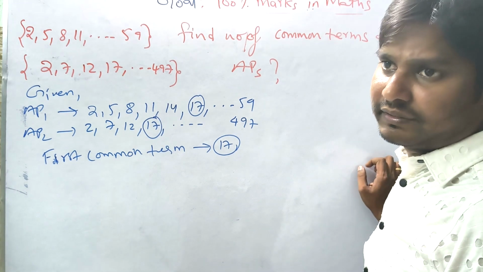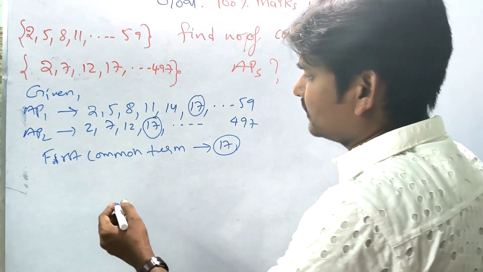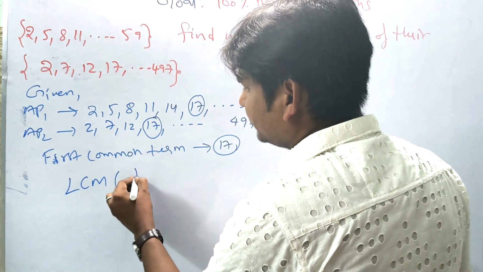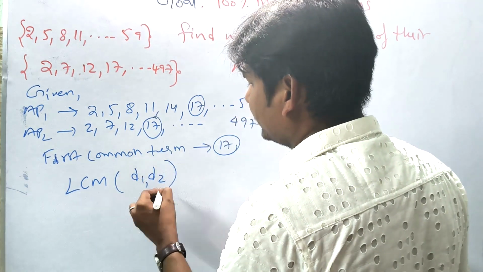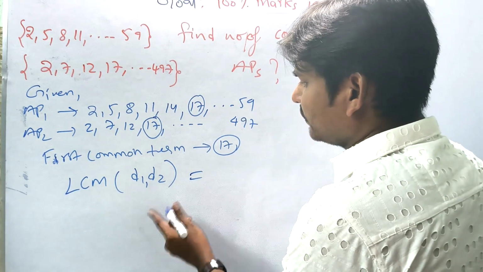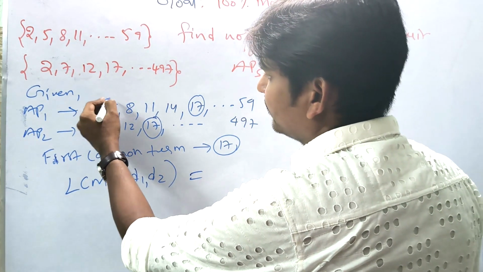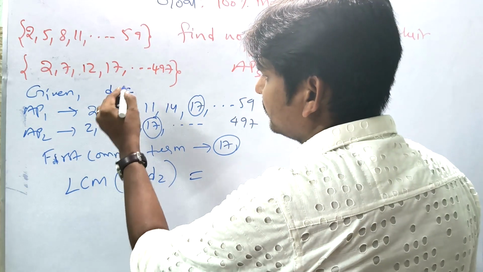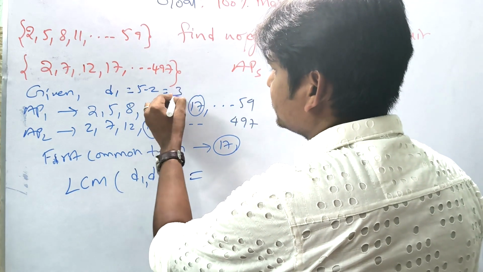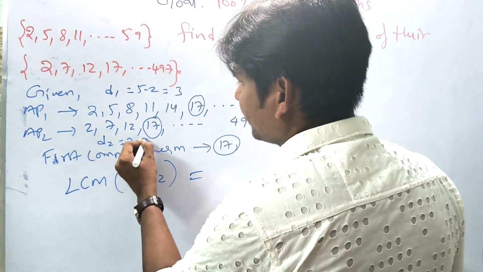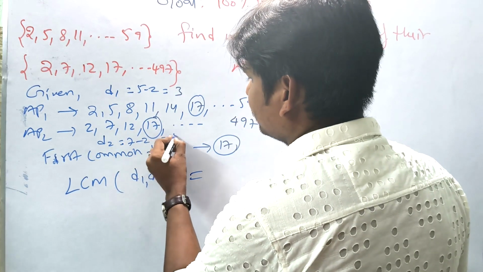Now for the remaining common terms, how will you get them? Take the LCM of D1 and D2, the common differences. The AP1 common difference D1 is 5 minus 2, that is 3. D2 is 7 minus 2, that is 5.